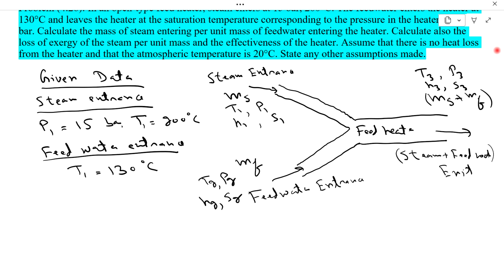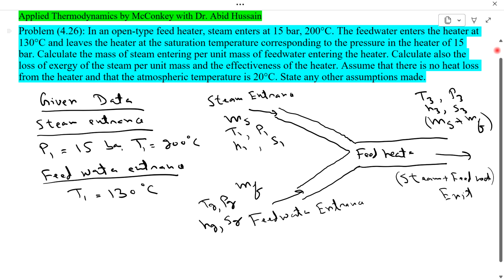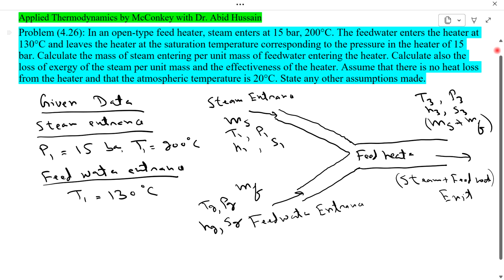It leaves the heater at the saturation temperature corresponding to the pressure in the heater, 15 bar.